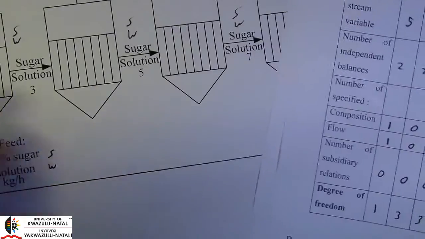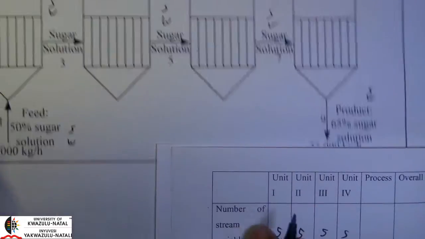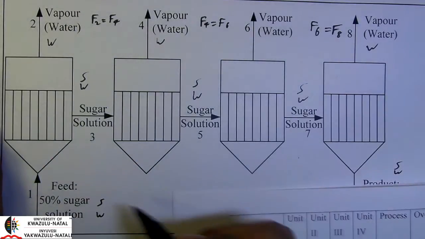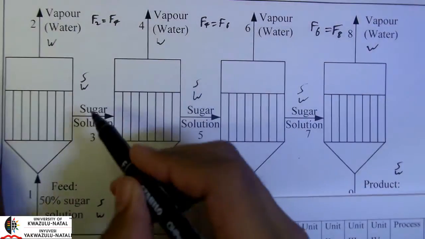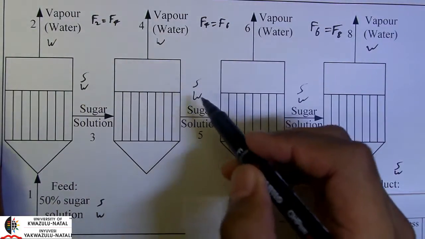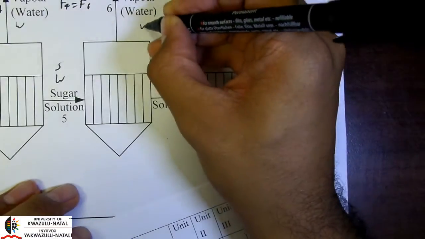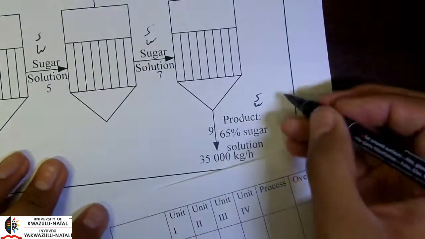Now counting the process stream variables, we go about this quite thoroughly. Okay, number of stream variables 1, 2, 3, 4, 5, 6, 7, 8, 9, 10, 11, 12, 13, 14.